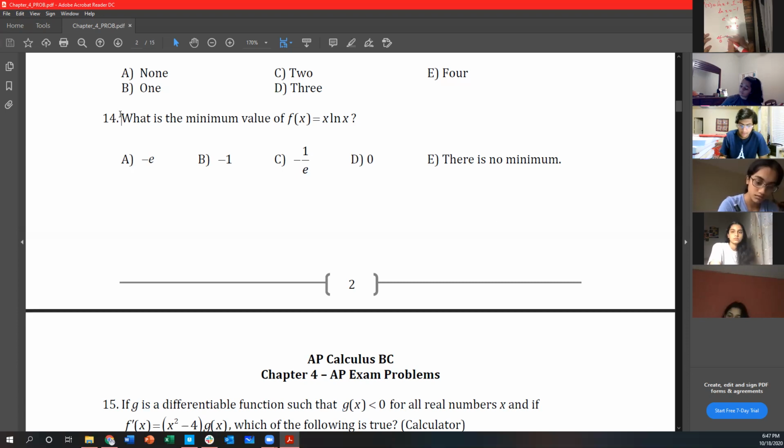So let's think about the derivative. If we plug in something like, I don't know, maybe 1 over e squared, that would be in the middle here. So if I plugged in 1 over e squared, I would get ln of 1 over e squared plus 1. That would be ln of e to the -2 plus 1, which would be -2 plus 1, which would be -1.